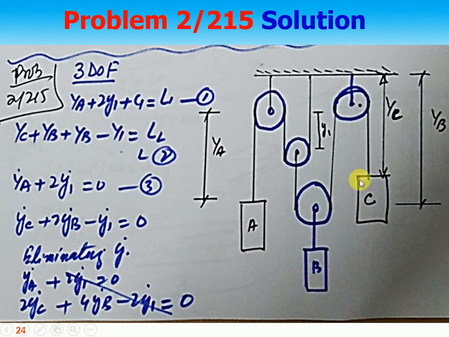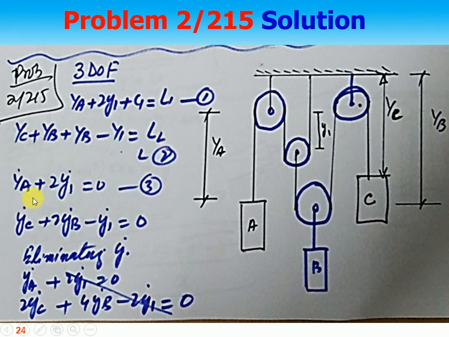The next one is YC, this is YC, right? YC plus YB, and this is minus Y1, right? This distance is because it can move only from here to here, right? So for this rope, this is YB plus YC, and this distance is minus because this pulley can move up to here. Minus Y1 is equal to L2.